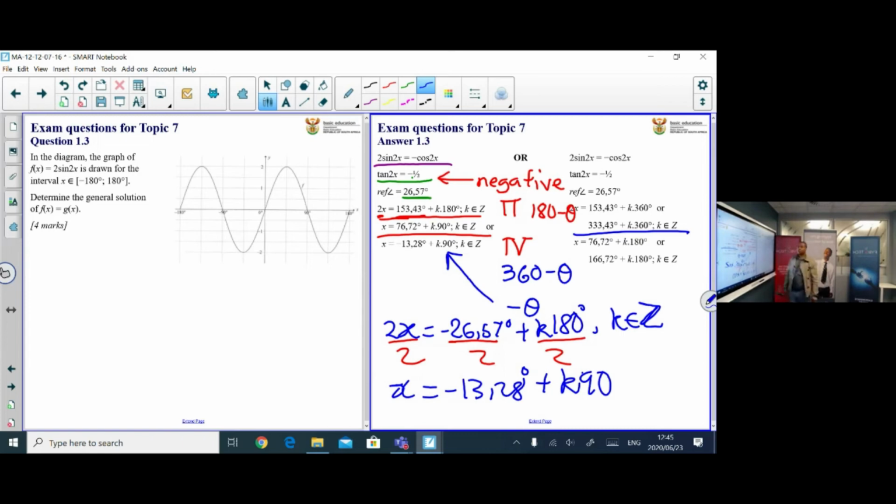It means where the two graphs meet, you want to find all those points in an expression of your general solution.